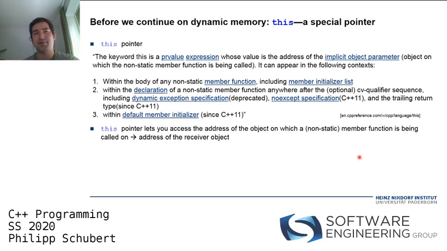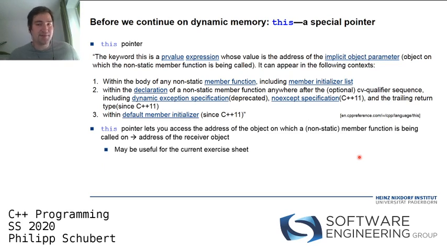Then you are allowed to use the this keyword to access the pointer, the address of the variable the member function size is being called on. What you would write in code is v.size to call the member function size on the variable v, and v is the so-called receiver object from which you can obtain the address by using the this pointer.